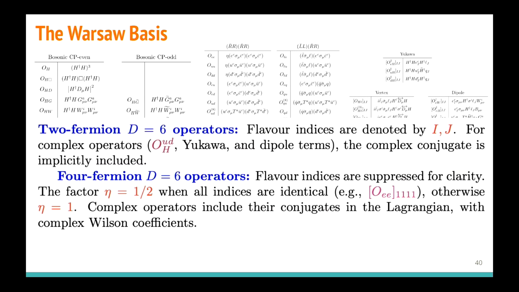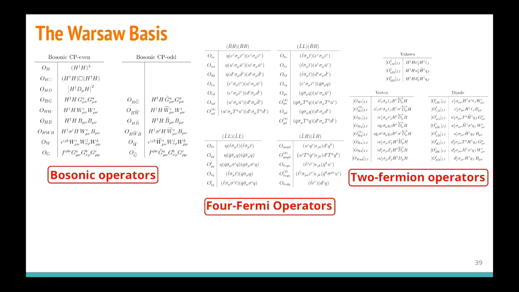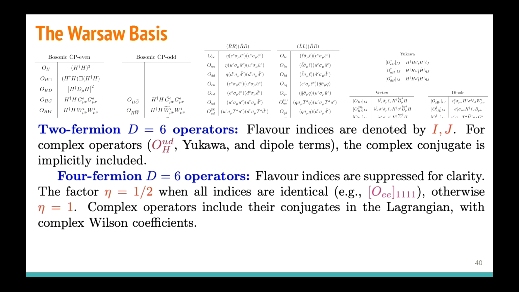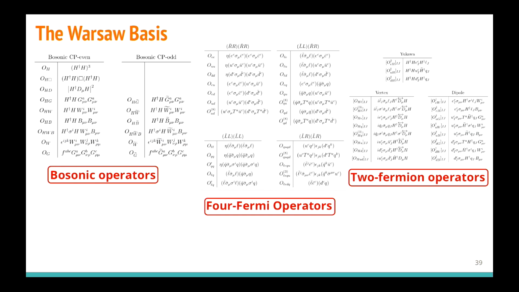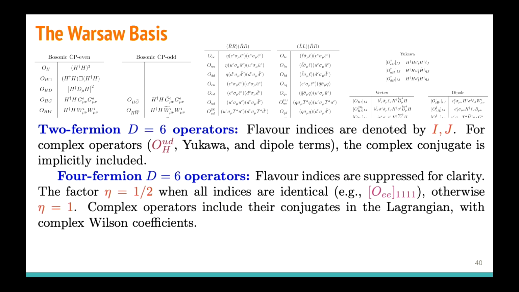So this is the 2 fermion case, where we have the indices i and j, which are the flavor indices. For complex operators like the O_HUD operator, which is basically here among the Yukawa operators, and for the dipole operators, the complex conjugate is implicitly included.